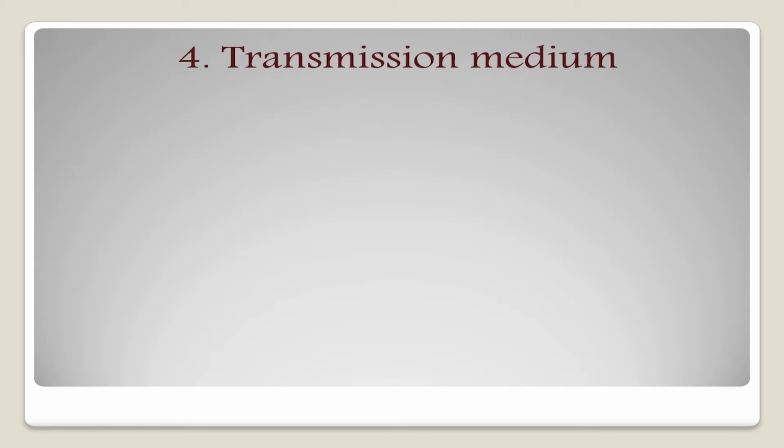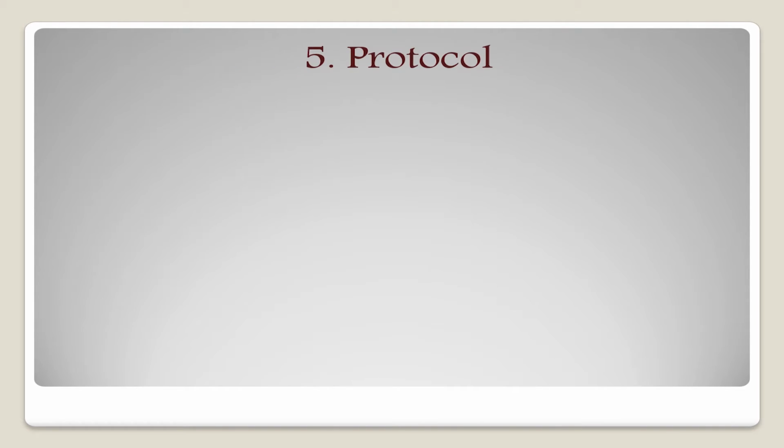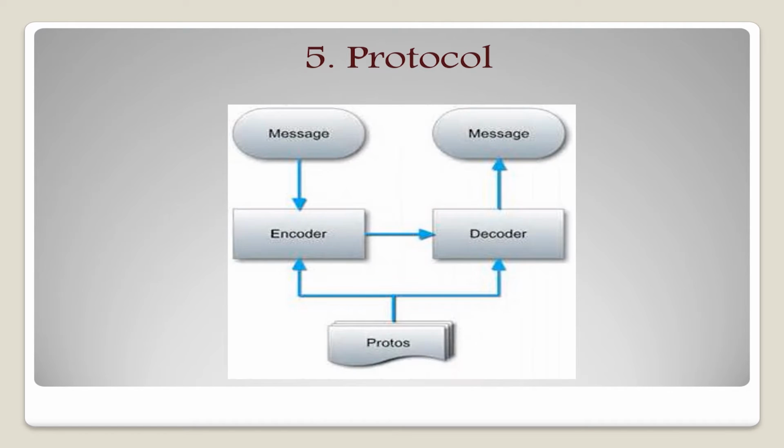4. Transmission medium. The physical path through which a message is transferred from the sender to the receiver is known as the transmission medium. It includes twisted pair wire, coaxial wire, fiber optic cable, and radio waves. 5. Protocol. A protocol is defined as a set of rules that govern communications between data.